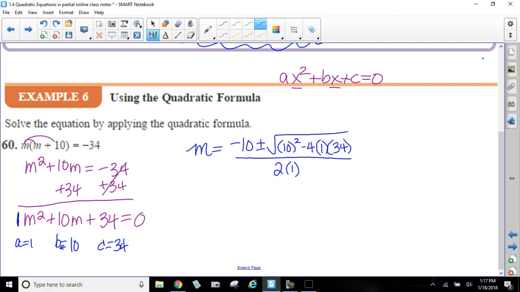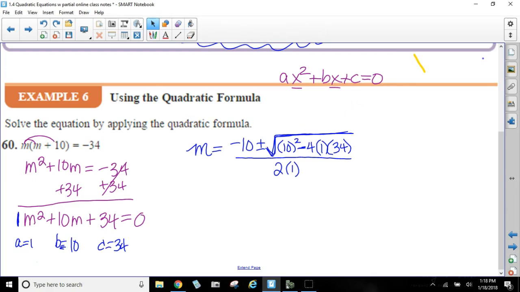Now it's a matter of getting all of this simplified. We need to work underneath the radical and get all that mess simplified first. Because of the fact that we have terms here, the square and the square root do not knock each other out. That is illegal. Okay? So don't be trying to do that.